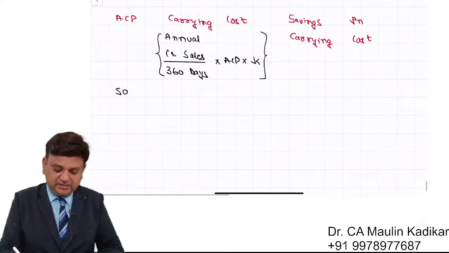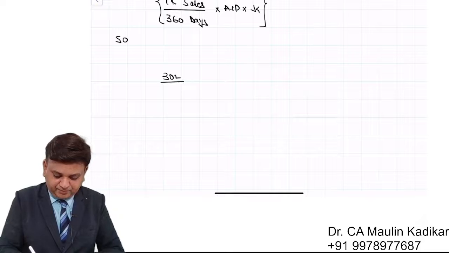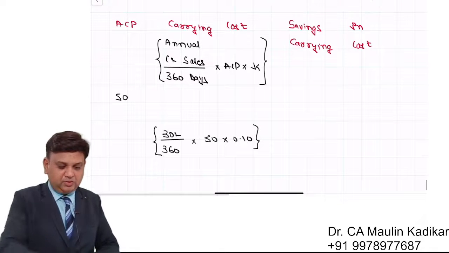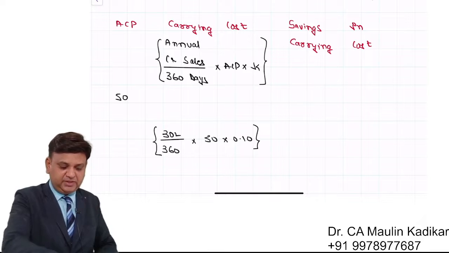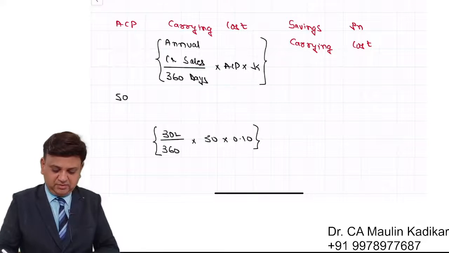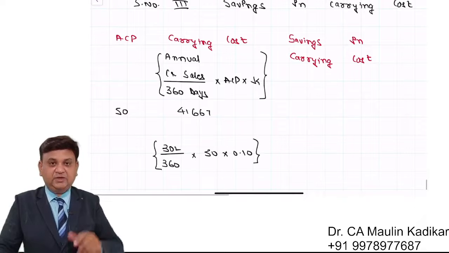Right now this is 50 days. This is 30 lakhs divided by 360 into 50 into 10 percent. So with the present collection policy, 30 lakhs into 50 into 0.10 divided by 360. The amount of the carrying cost is 41,667. That is the carrying cost that we have right now.